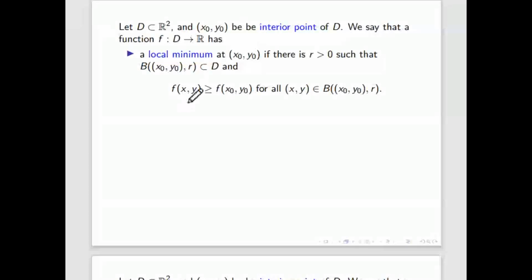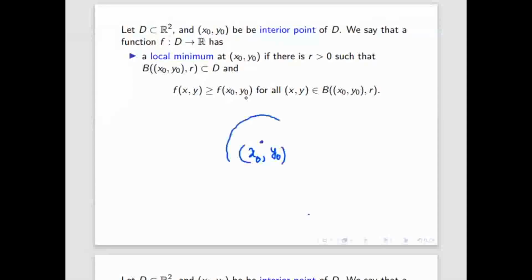So if you draw a disk around the point x0 comma y0 of radius r, and in that disk the functional value at point x0 comma y0 is always less than f of x comma y, then this point x0 comma y0 is said to be a local minimum. It is the same in three variables.